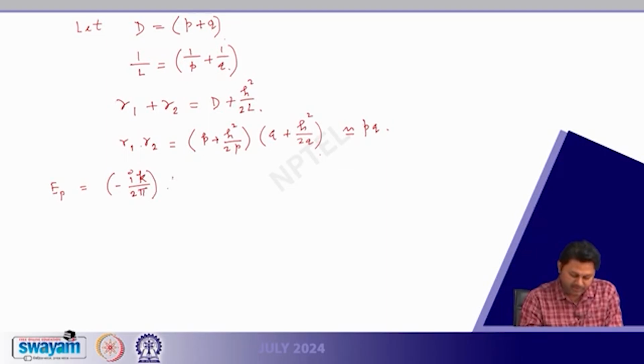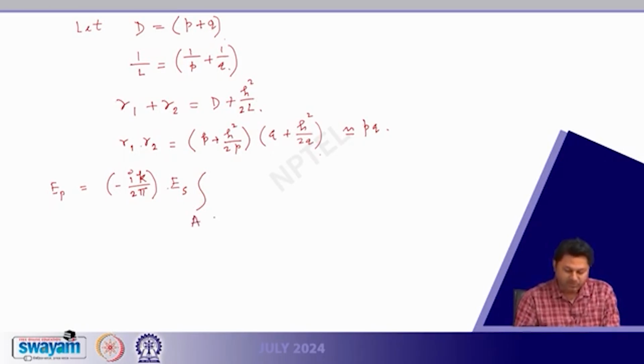Then there should be the field at the source point S. Then I have integral over this factor, e to the power of I K, then we have this quantity.